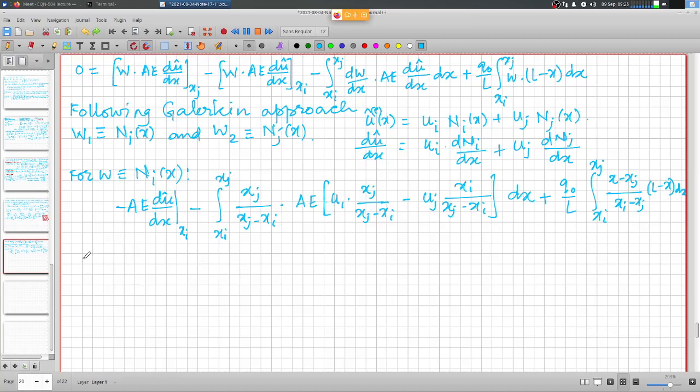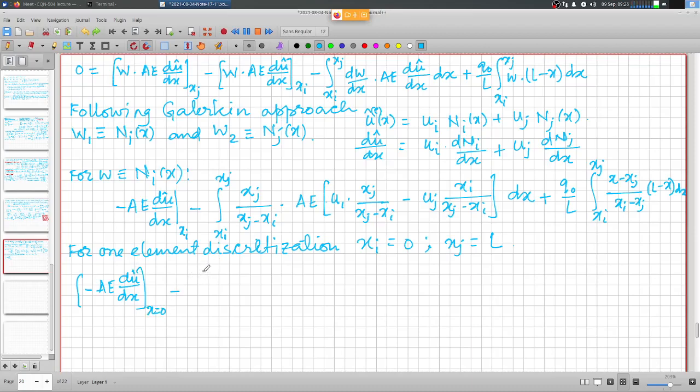So we can now look at it for one element discretization. xi is equal to 0, xj is equal to L, and this becomes minus Ae du by dx at x equal to 0 minus, what is this?